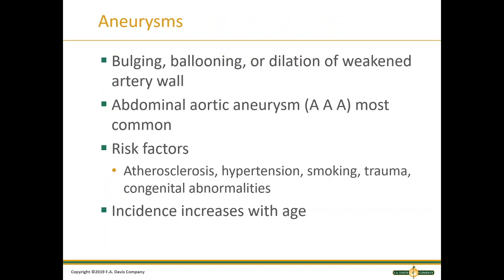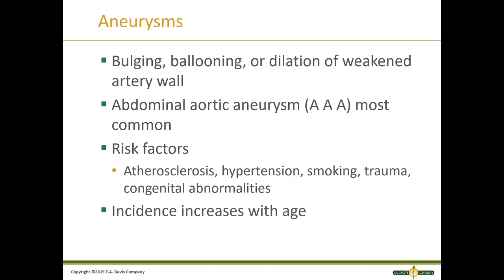Aneurysms. Aneurysms are on page 427, figure 24.9, and you are all familiar with what an aneurysm is. There'll be a diagram, 24.9, of the different types of aneurysms that there are.